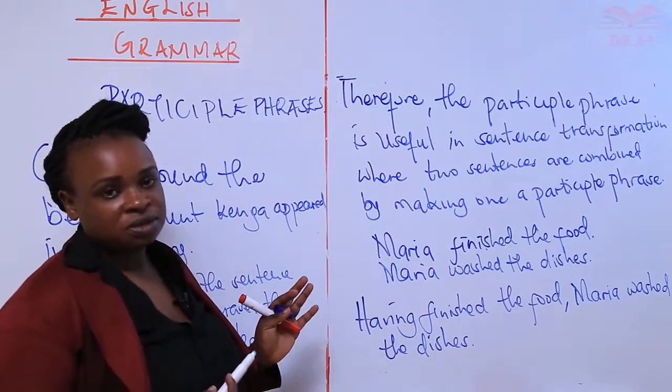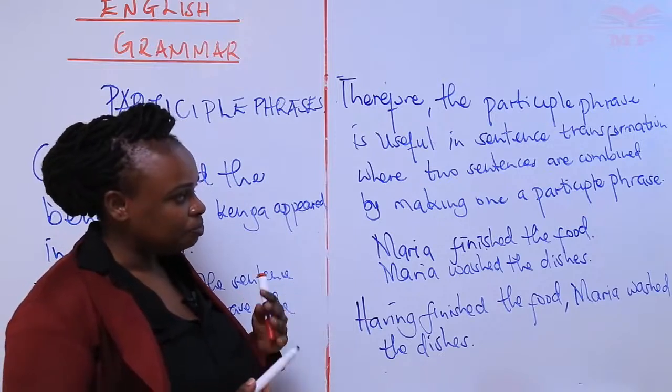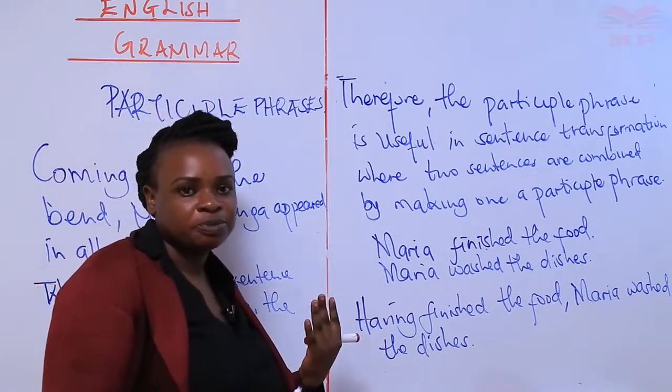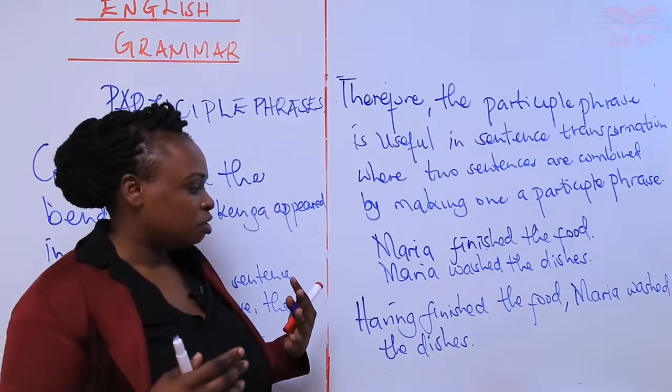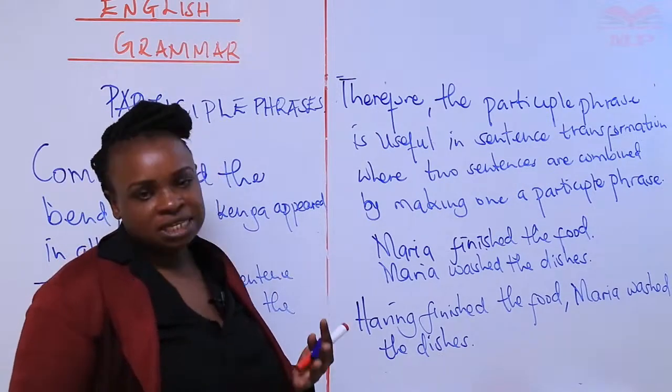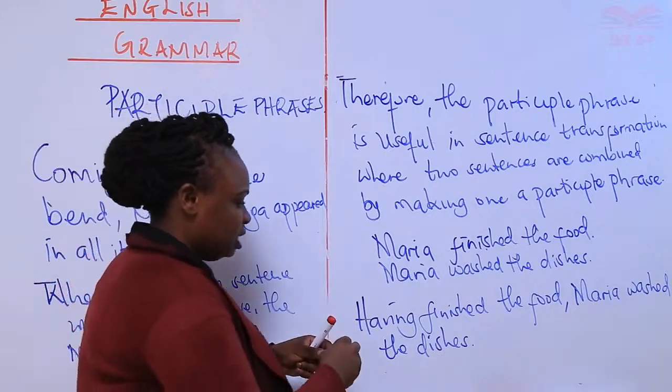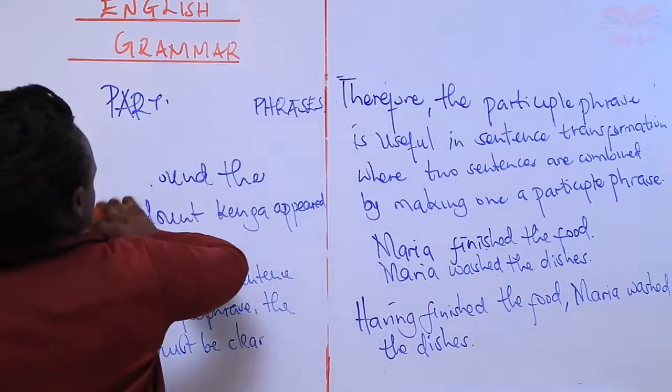So I want to give you a small assignment so that it can help you practice on the idea of the dangling participle phrase and the idea of the past and present participle phrase for exercise and maybe to master the skill well. All right. So let me give you one exercise here, two exercises.